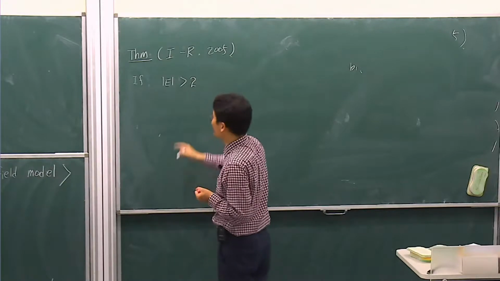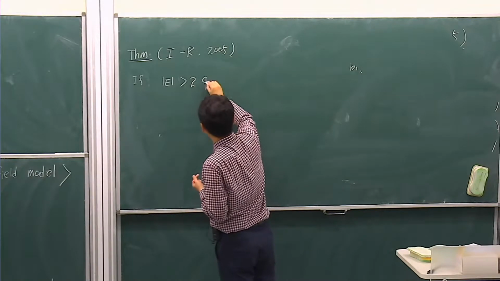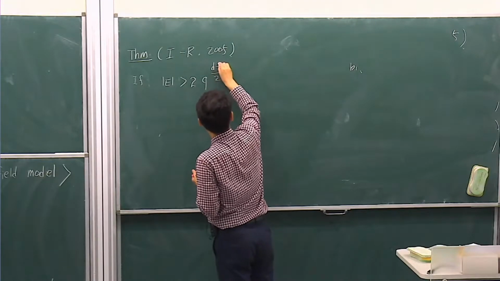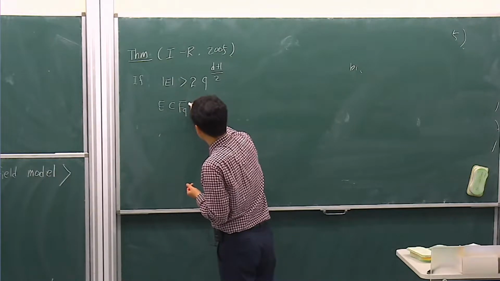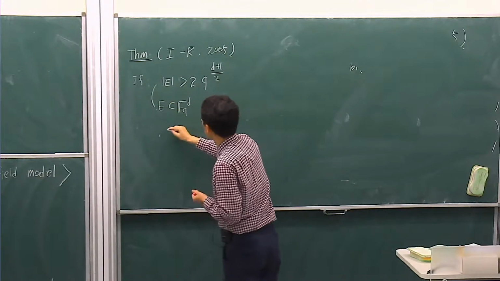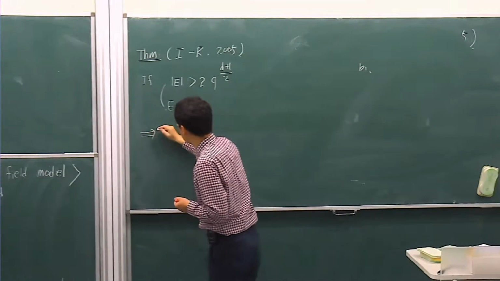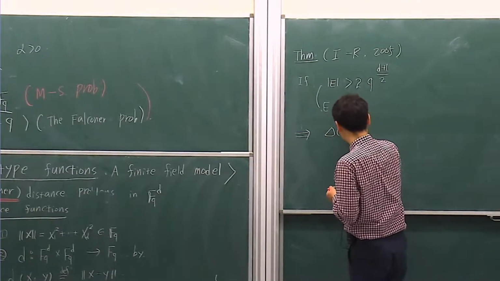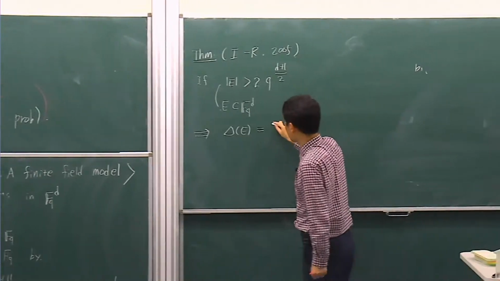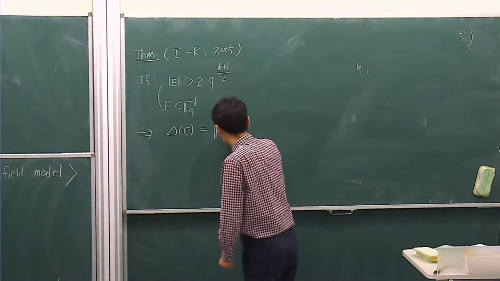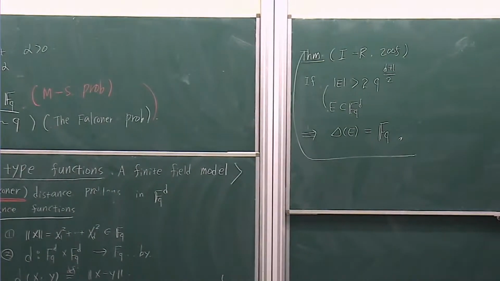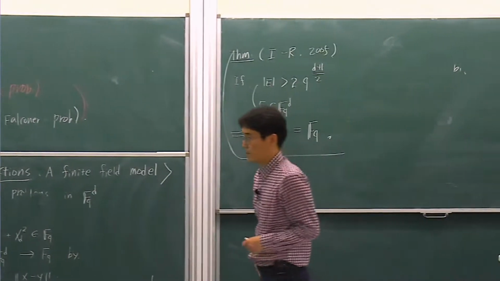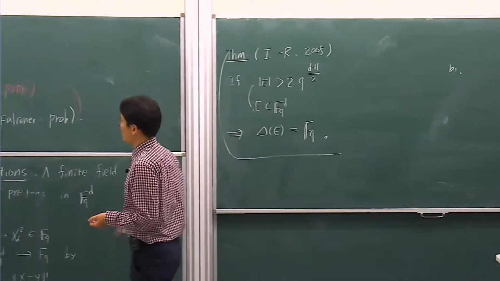Many people claim it is 4, but actually 2 is enough. If E is in F_q^d, then we get a strong conclusion. This is the first result for the Mattila-Sjölin problem, and also a result for the Falconer problem.